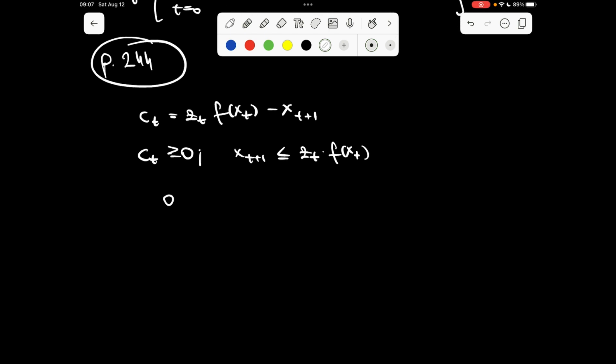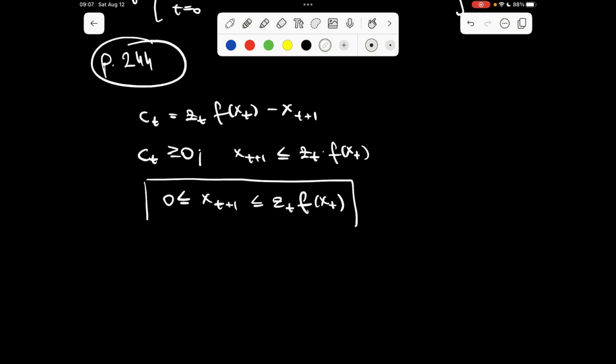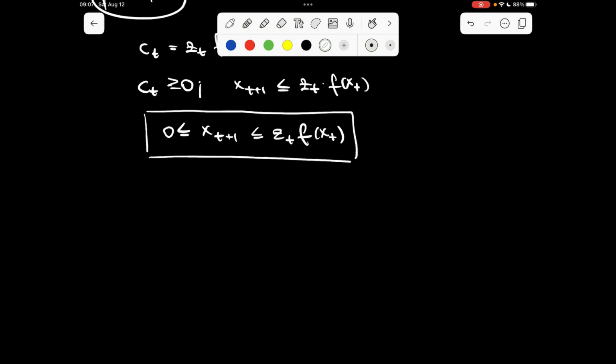So given the fact that next period capital stock cannot be zero either, just like consumption, we have the following relation. So investment must be non-negative.